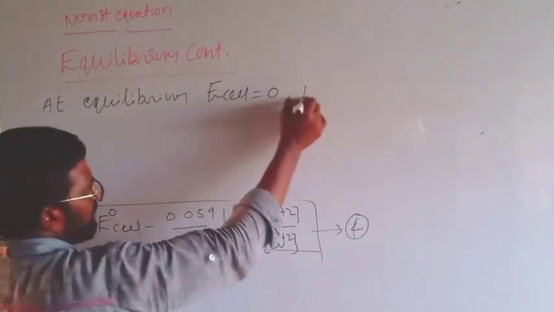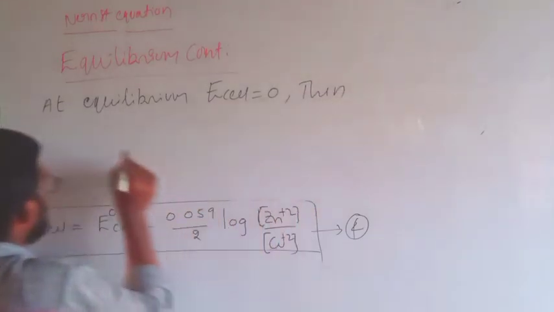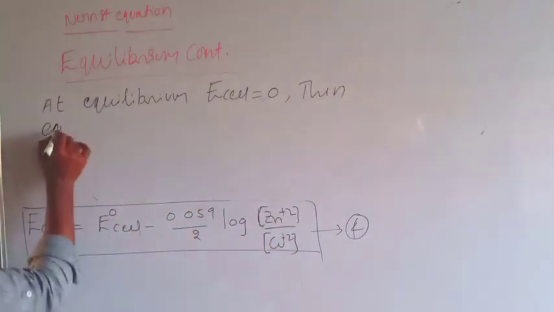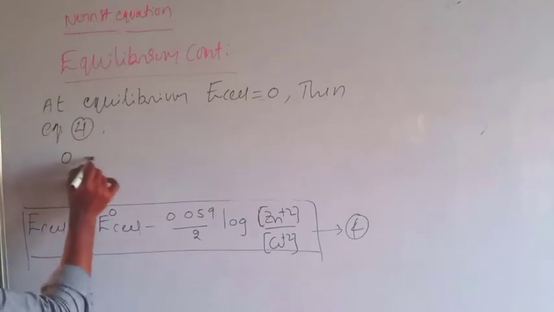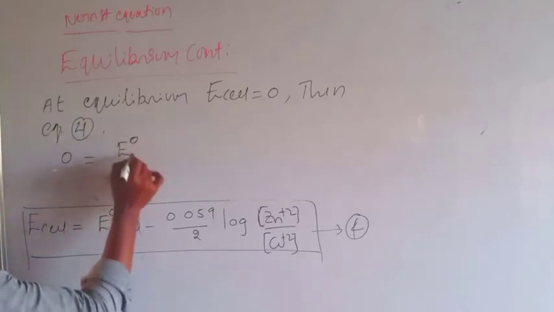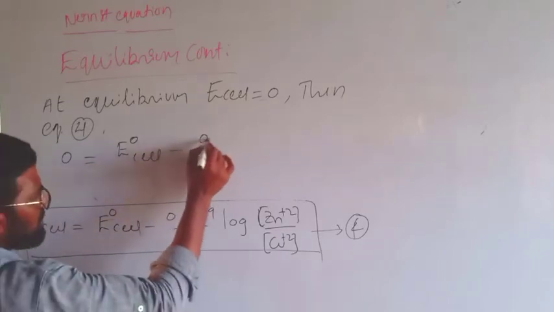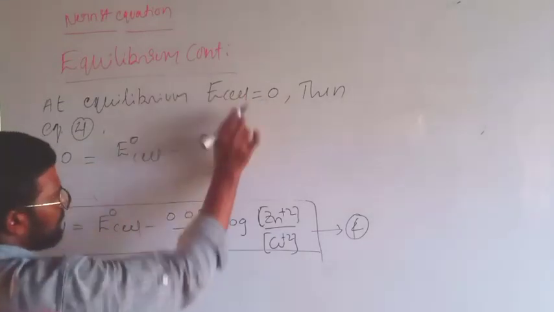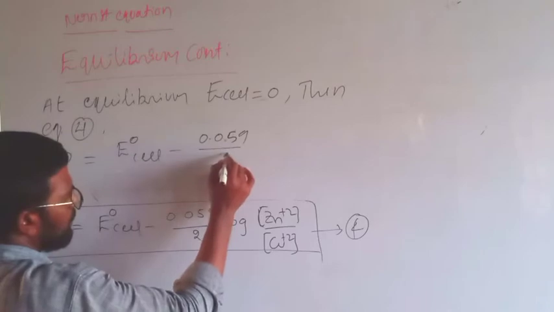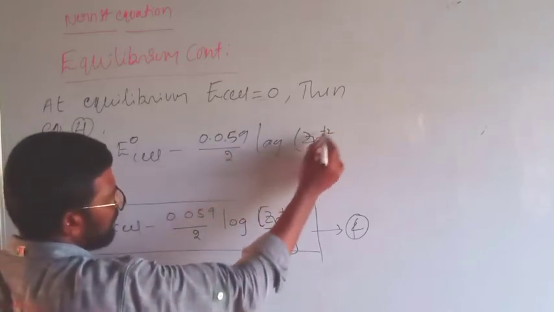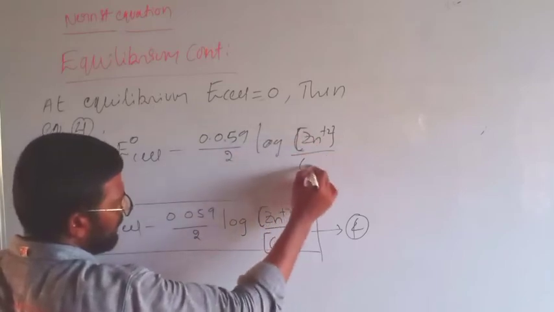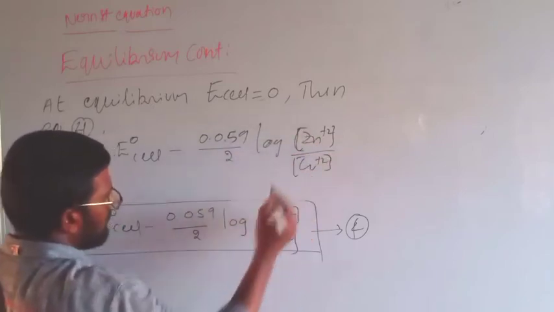Then equation number 4 is modified as 0 is equal to standard electrode potential of the cell minus 0.059 by 2 log Zn plus 2 concentration by Cu plus 2 concentration.